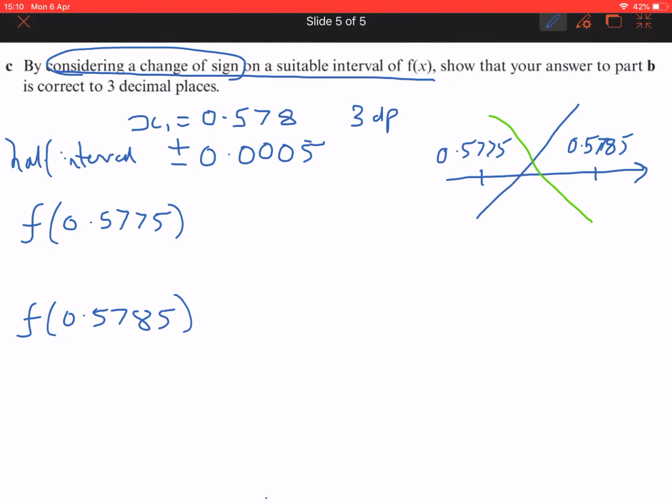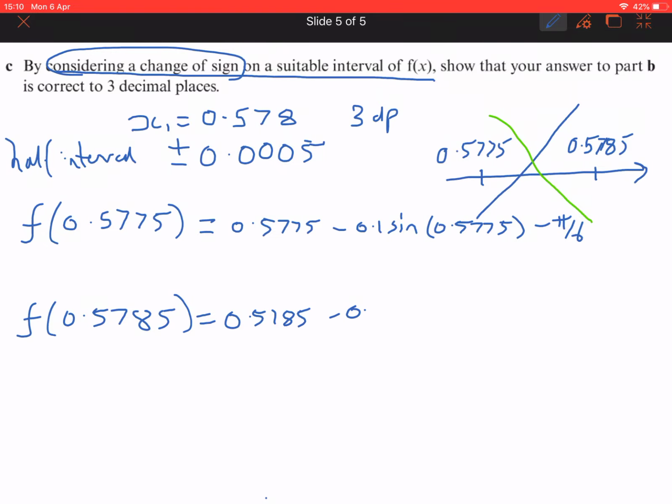So I'll substitute it into my function. So it'll be 0.5775 take 0.1 sine of 0.5775 take pi by 6, and this one is 0.5785 take 0.1 sine of 0.5785 take pi by 6.